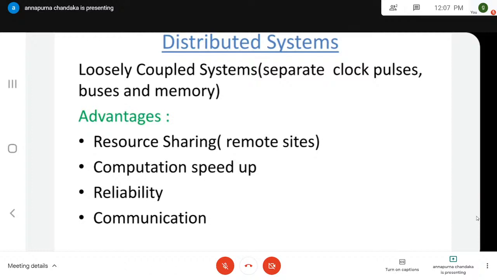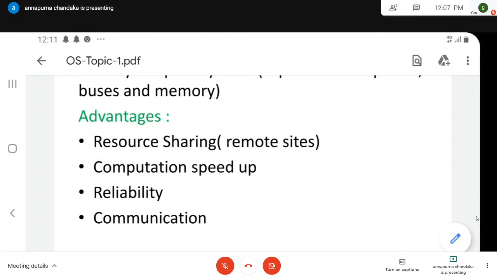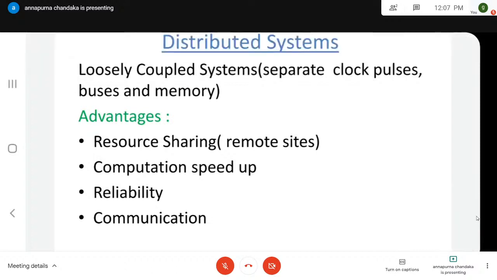In order to establish communication between the processors, if they use separate clock pulses, separate buses, and separate memory, then it is called a distributed system, or a loosely coupled system.